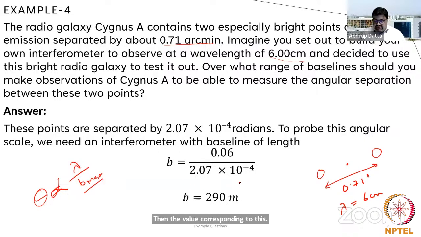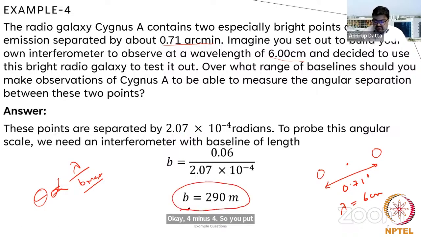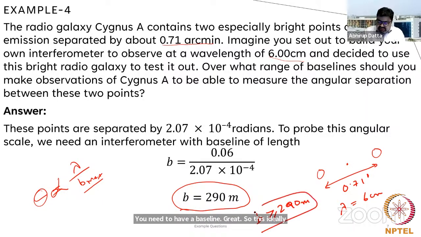So you put in all the values, you convert 0.71 arc minute to radian, you get this particular value, 2 to the power minus 4. Then baseline comes up to 290 meters. So in order to resolve the source, you need to have a baseline length greater than 290 meters. So B should be greater than or equal to 290 meters, because if it is less than 290 meters, then we will not be able to do it.